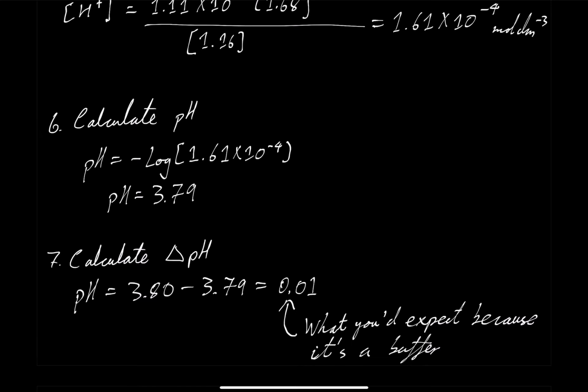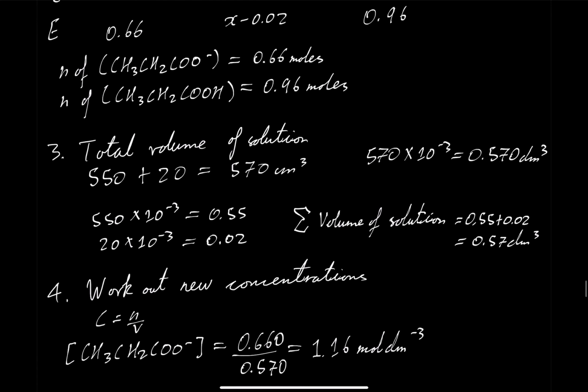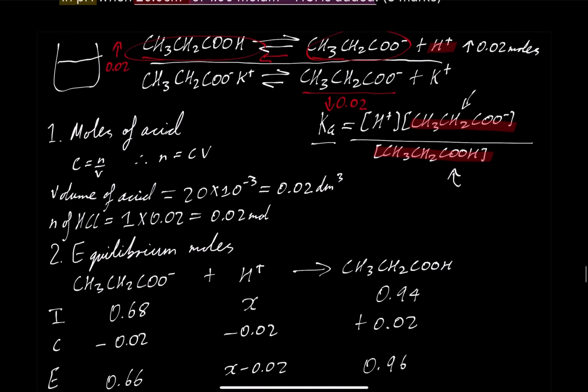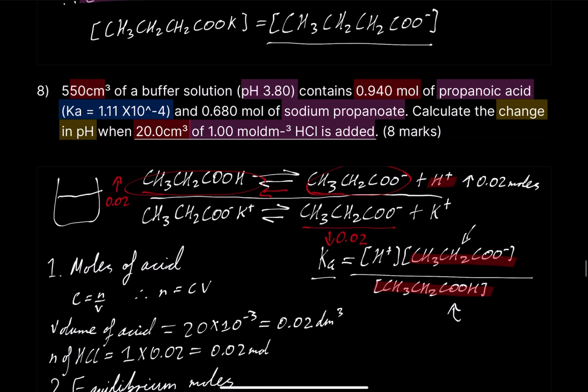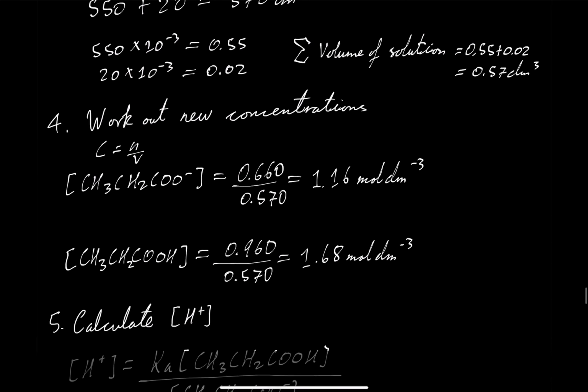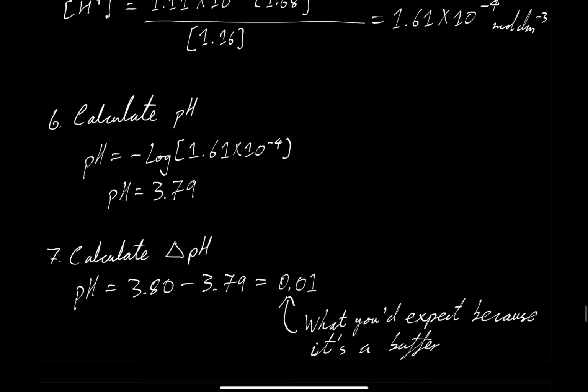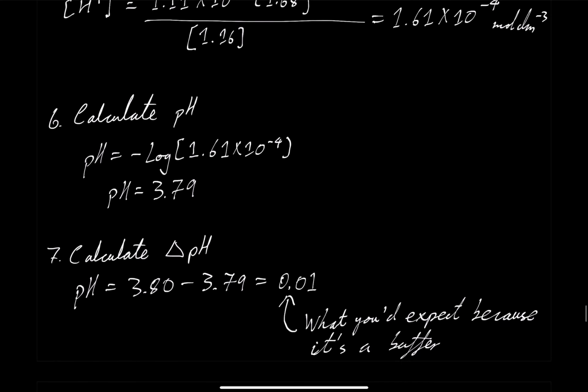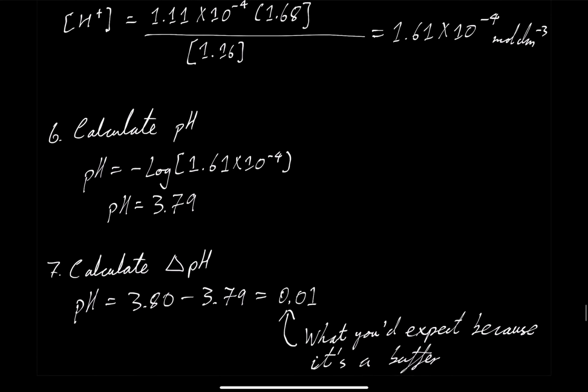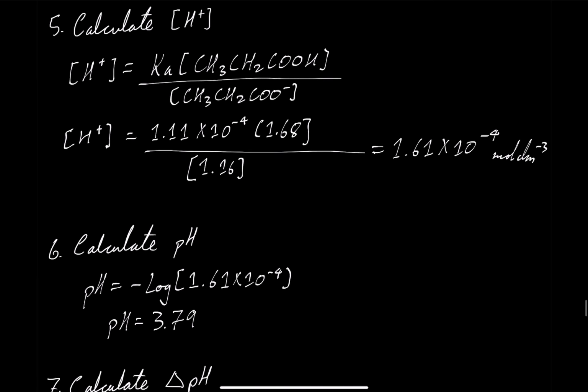They try to halt that massive change of pH. They're not always going to be perfect, but remember you've added 20 centimeters cubed of 1 mole per dm cubed strong acid, right? And it's only changed by 0.01. So that's a pretty decent buffer, which is what you'd expect, given the fact that you've added a lot of acid. And that's the end of the question.